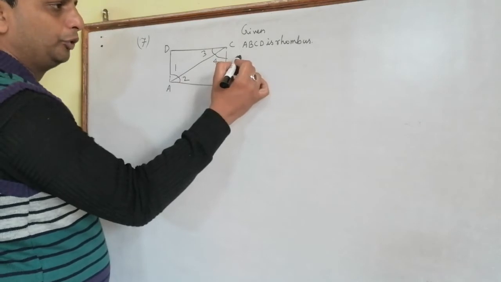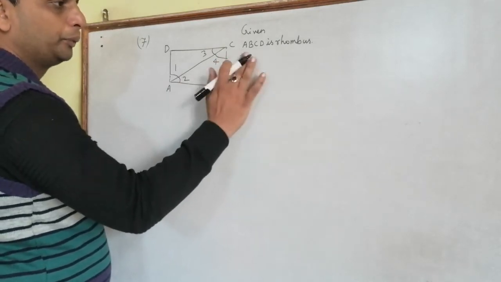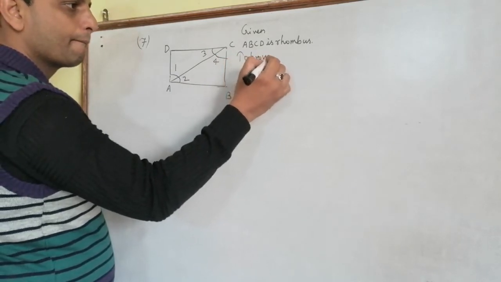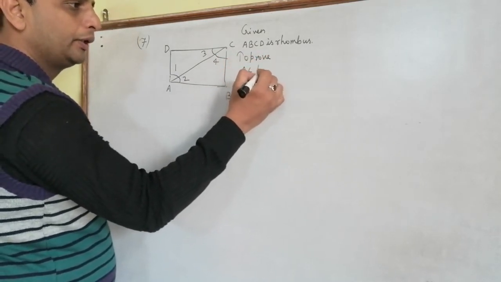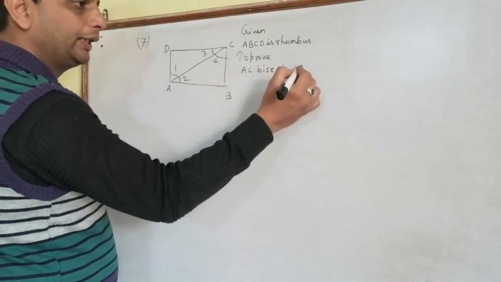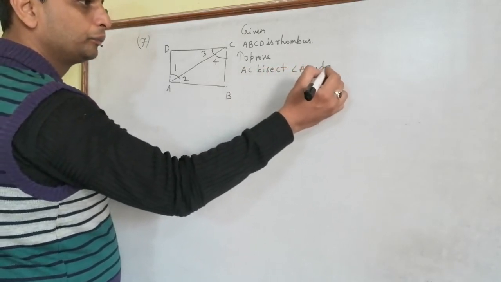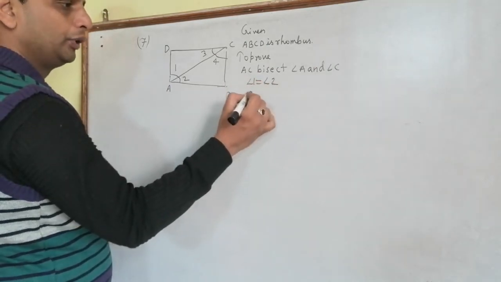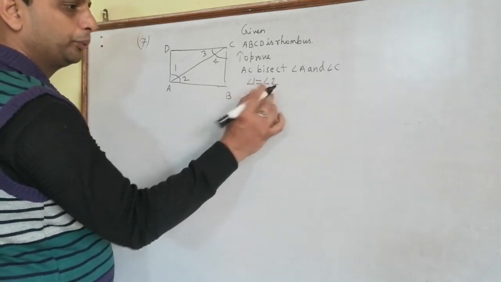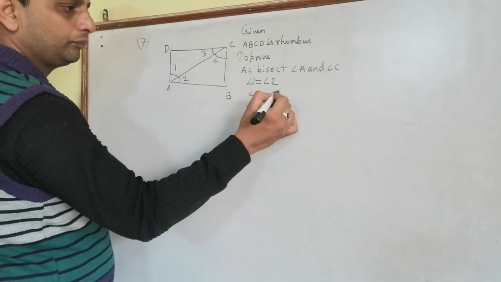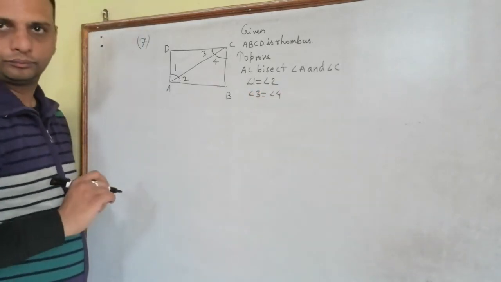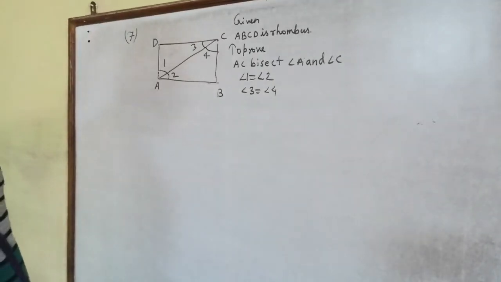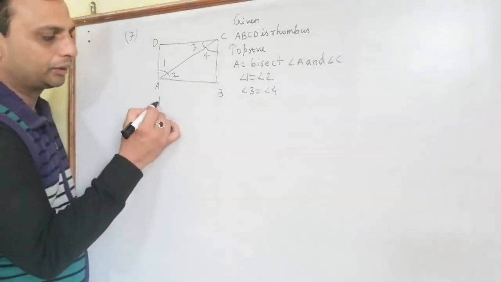That means I have to prove AC bisects angle A and C. 1 is equal to 2 I have to prove, 3 is equal to 4 I have to prove. So now we'll take two triangles.